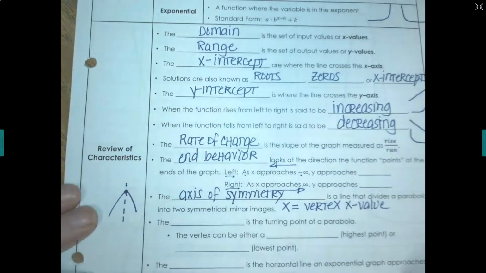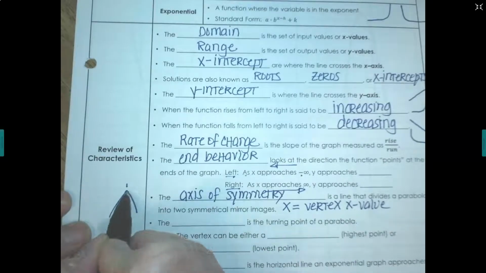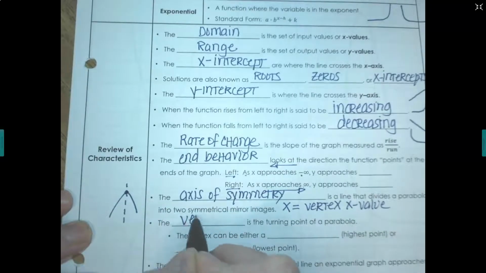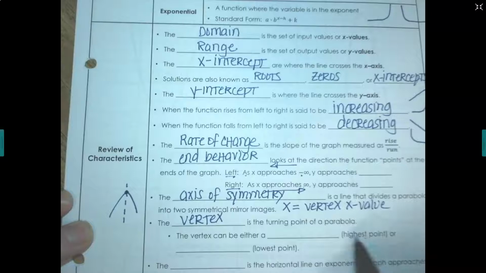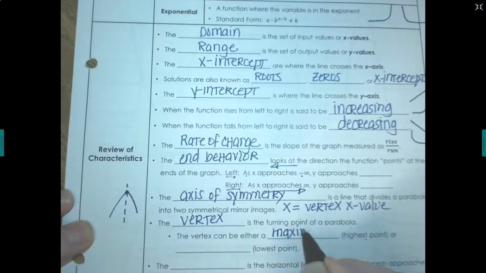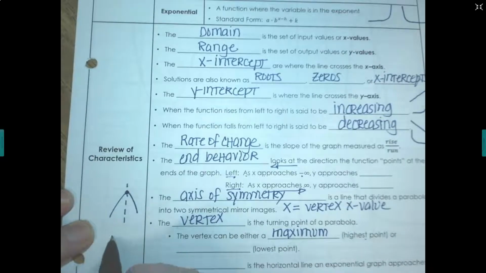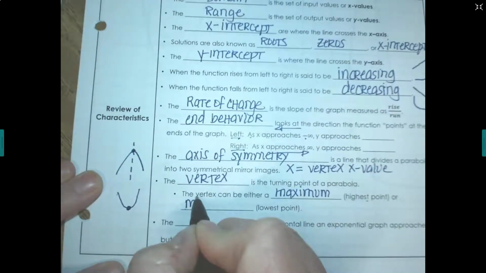Next, we're still talking about the vertex. The vertex is the turning point. That's where the graph turns around. If it's the highest point, it's called a maximum. And if it's the lowest point, meaning our graph turned this way and our vertex is on the bottom, then it's going to be called a minimum.